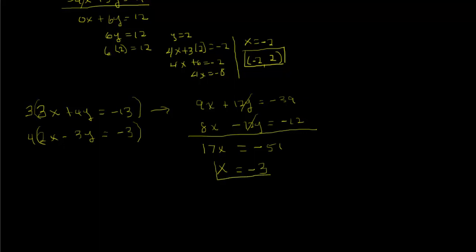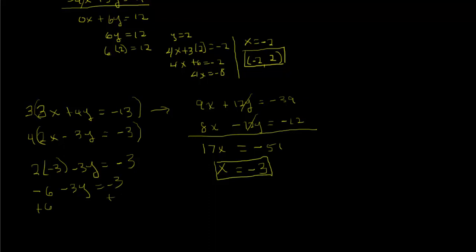So here's our x value, which we'll use to solve for the y value. We're going to use the bottom equation here. It's going to be 2 times negative 3 minus 3y equals negative 3. So we have negative 6 minus 3y equals negative 3, adding 6 to both sides.